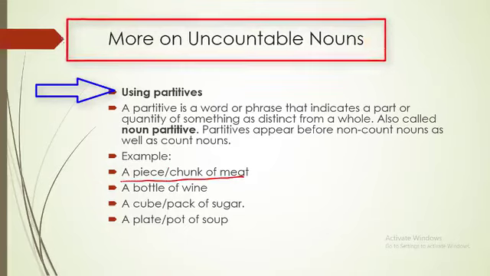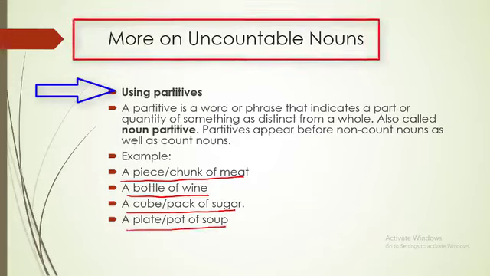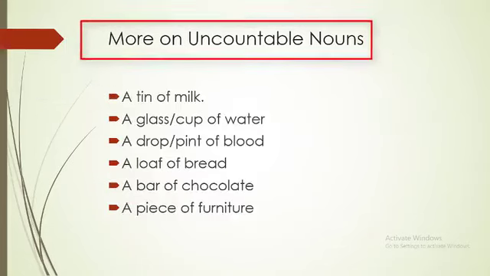So this is a part of a whole. A chunk of meat, a bottle of wine. We could have a crate of wine, a cube of sugar or a pack of sugar. Then we could have a plate of soup, which is a part of a whole pot of soup.